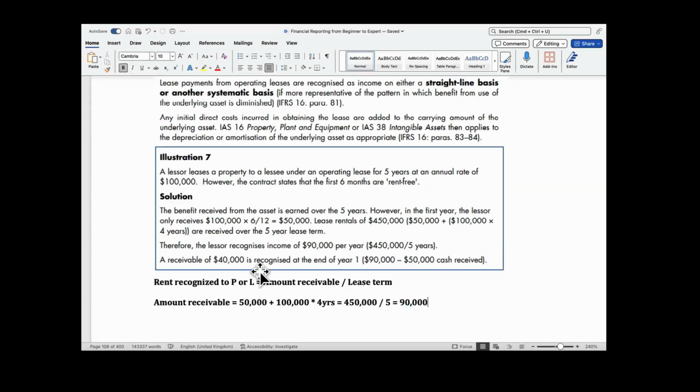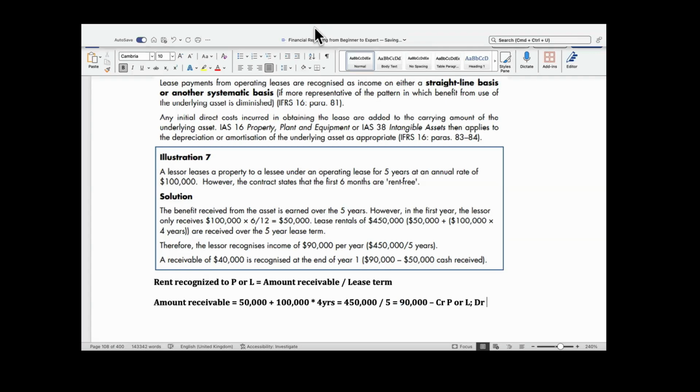And that is it. But you have to be very careful, because when you recognize this to P&L, which means that you are going to credit P&L, what do you debit? My class is almost over.